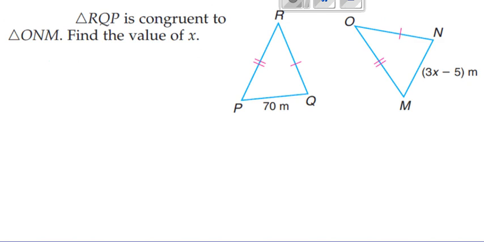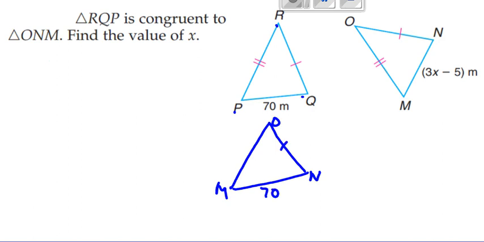All right, RQP is congruent to ONM. All right, here we go. That means this is 70.